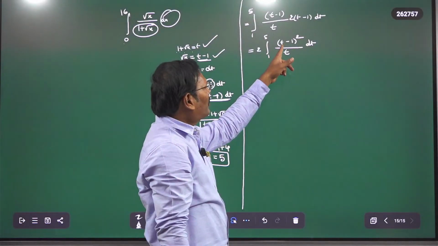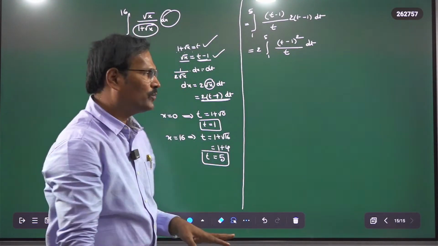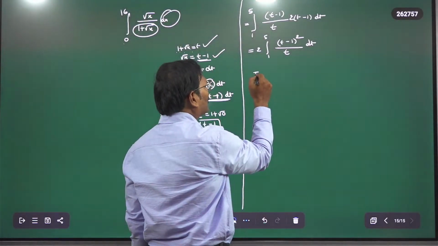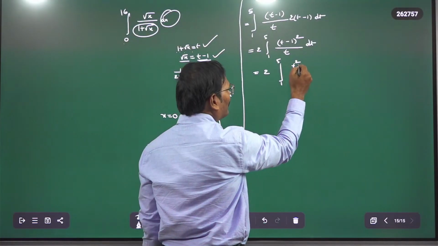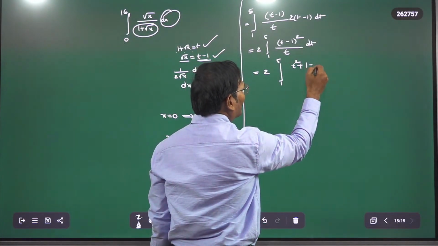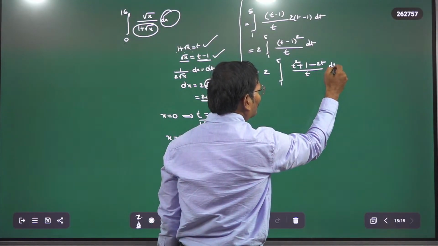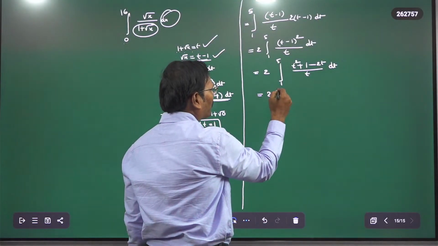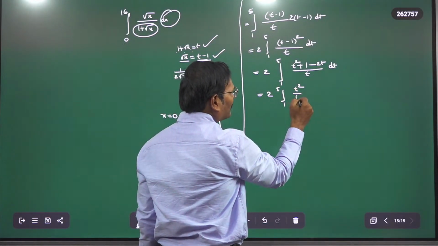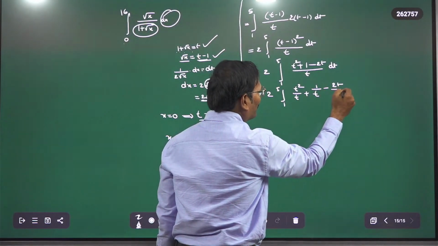So it is in the form of a minus b whole square, a square plus b square minus 2ab. 2 into integral 1 to 5 t square plus 1 minus 2t by t. So I am splitting like this, t square by t plus 1 by t minus 2t by t.